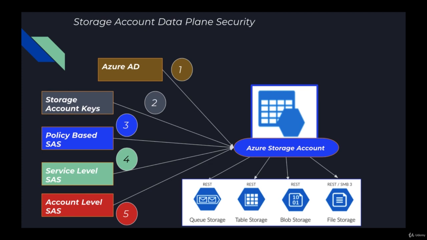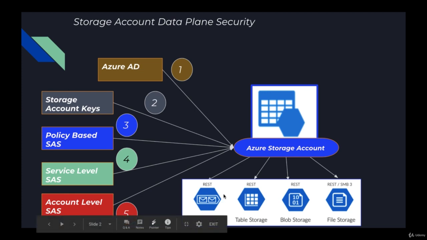With Azure AD, you can use role-based access control to grant permission to your security principals, which could be a user, a group or an application. Your security principal is authenticated by Azure AD to return a token, and that token can be used to authorize a request to access a resource within a blob, a table or a queue.